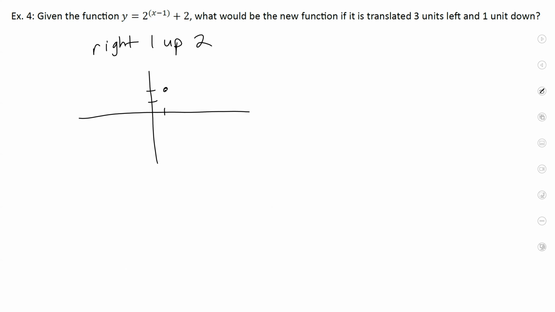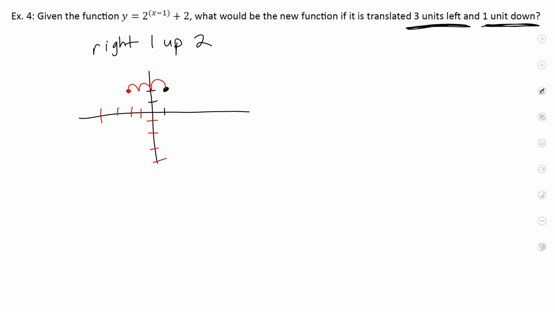So this is a point, right 1, up 2. And it says the new function was translated 3 units to the left and 1 unit down. So let's do that. 3 units to the left. Okay, so from this point, it went 3 units to the left. That's 1, 2, 3, right here.